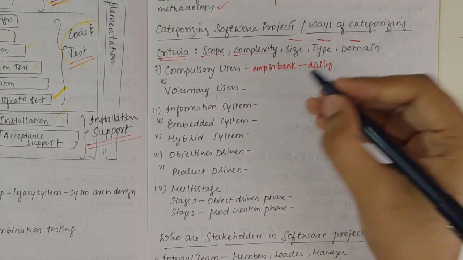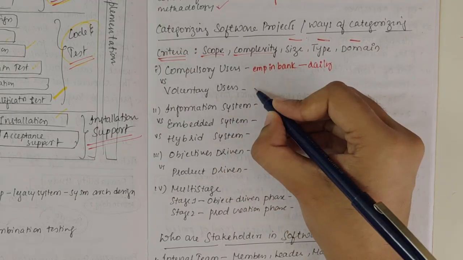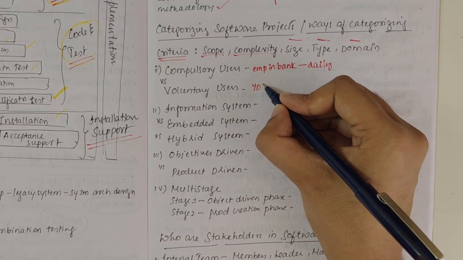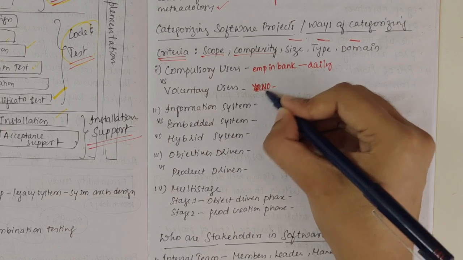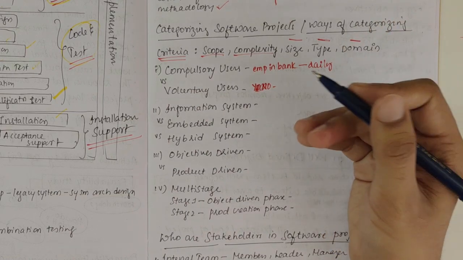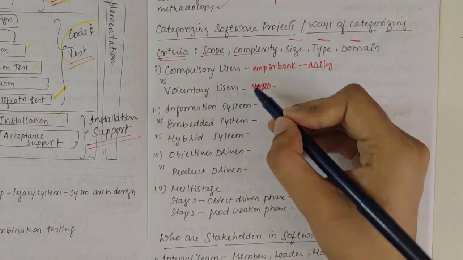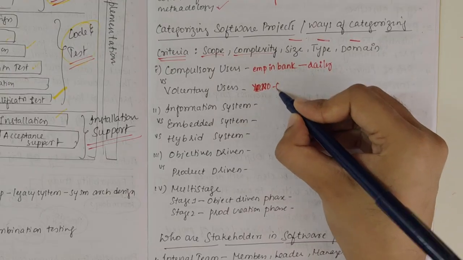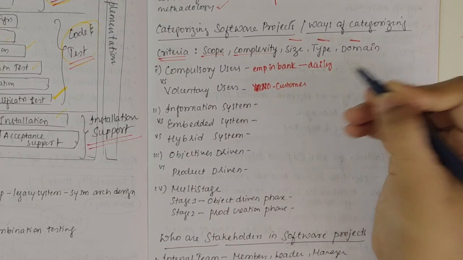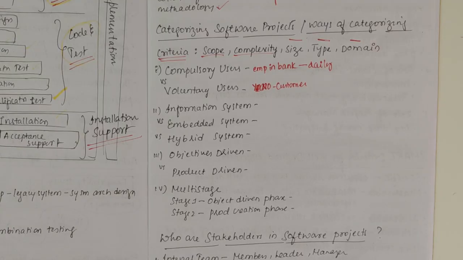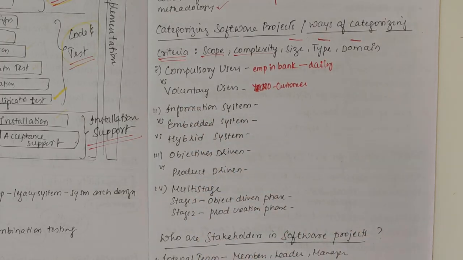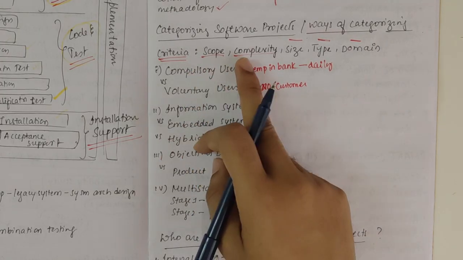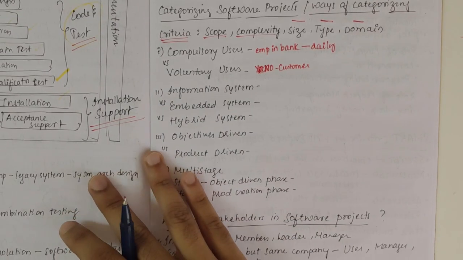But when it comes to voluntary users, if I take any banking software or web application, the end customer is a voluntary user, because whenever he wants to check his balance or transfer money or do other operations, he'll access the particular software. So that's what compulsory versus voluntary users speaks of.